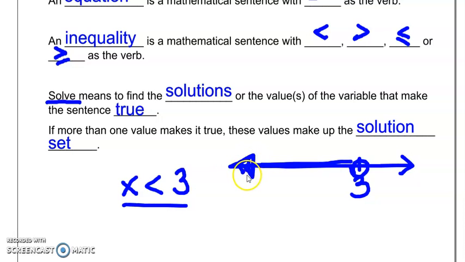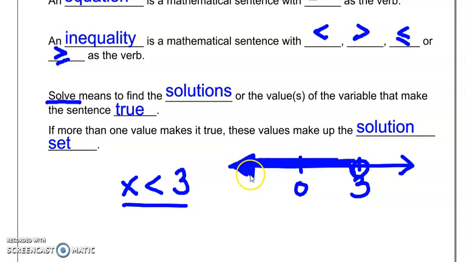Something that we're going to do a lot in this section is graph our answers on a number line. So in this example, we are not including the 3, so I'm using an open circle to indicate it's not the 3 itself, but then this arrow that I'm filling in shows that it's all of these numbers to the left of 3.